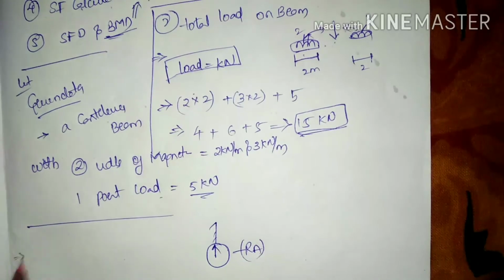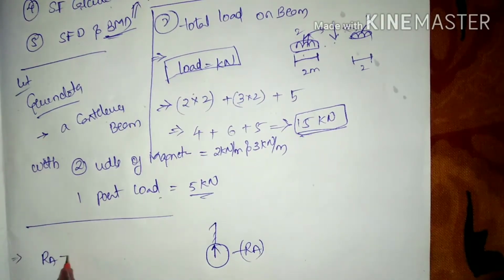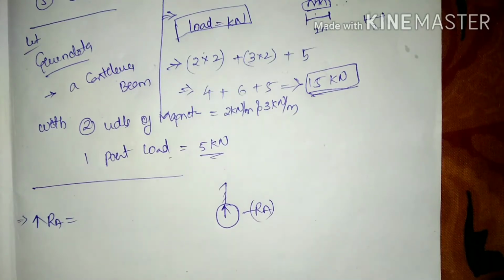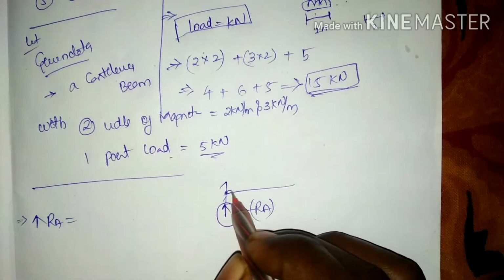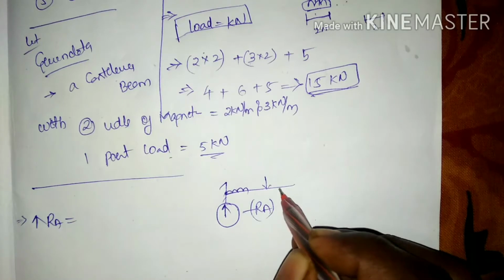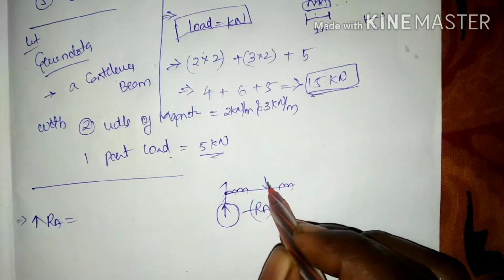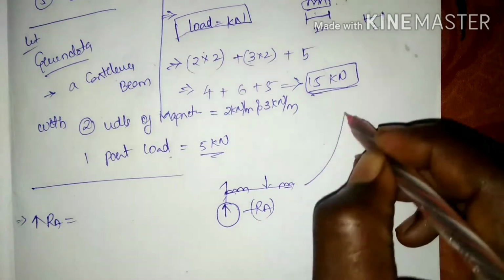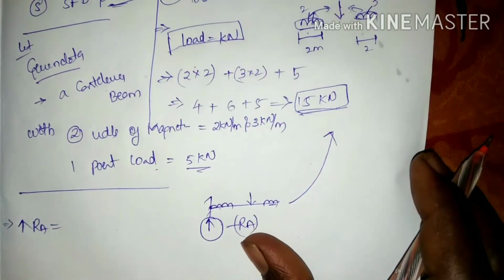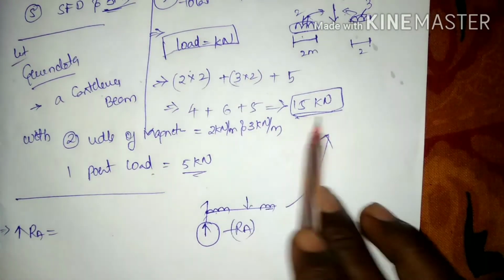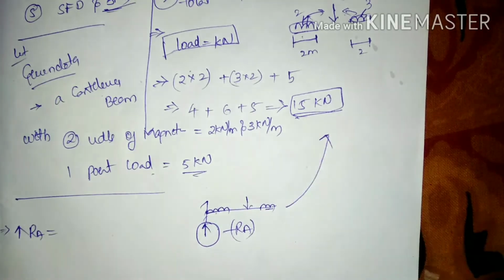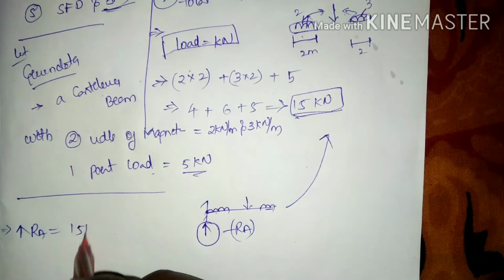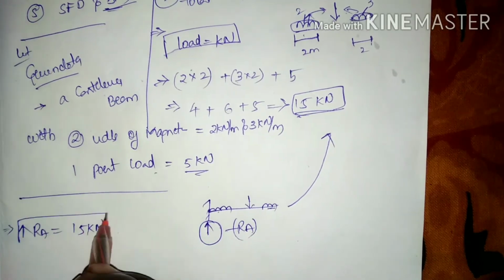RA upwards is equal to the downward forces, that is the UDL, the point load and the UDL. As we converted them to point loads and added them, the total is 15 kilonewtons.